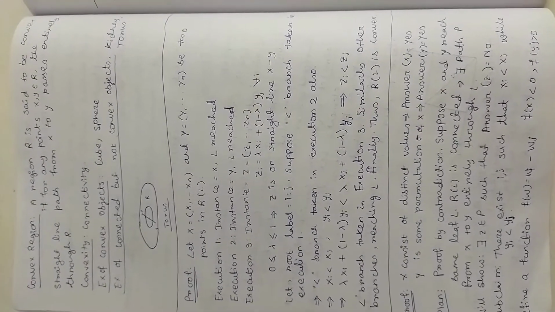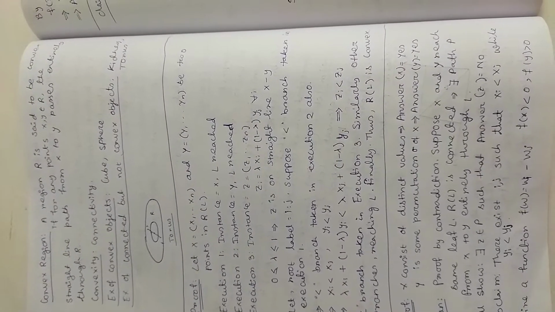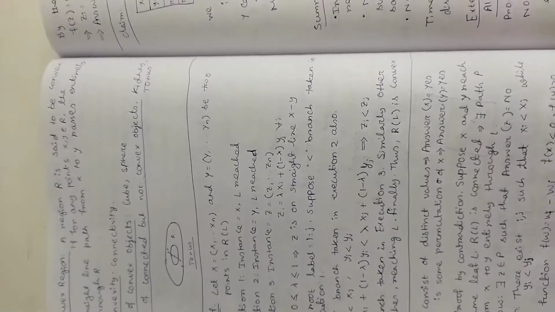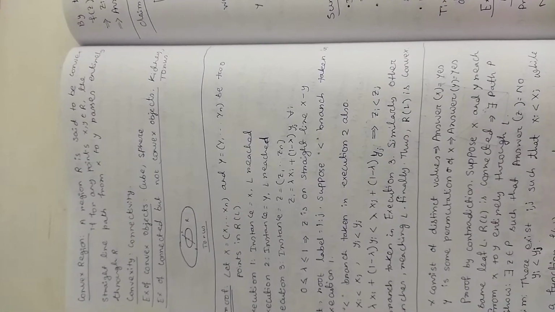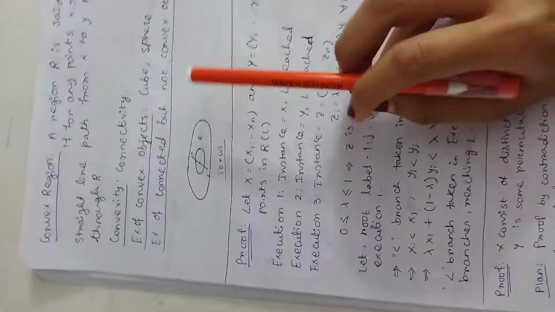Again, we will find an example of a connected region that is not convex. There are two kinds of examples: one is a kidney shaped object, or a torus shaped object. I have drawn one torus shaped object.